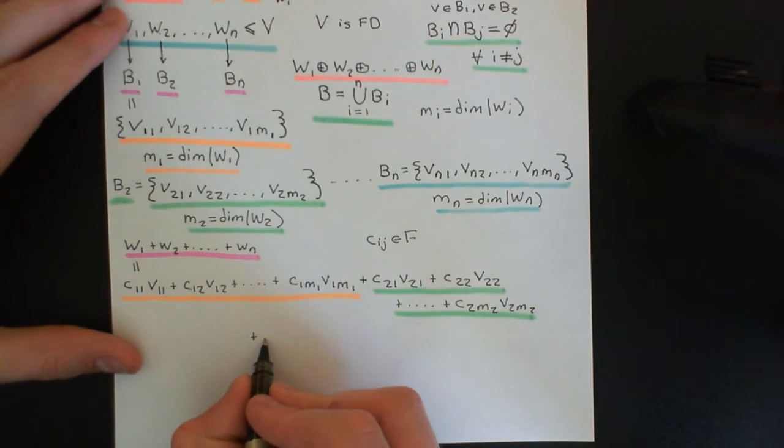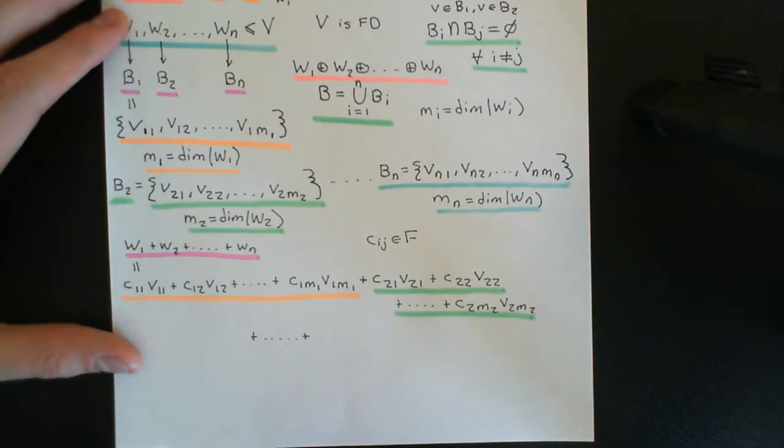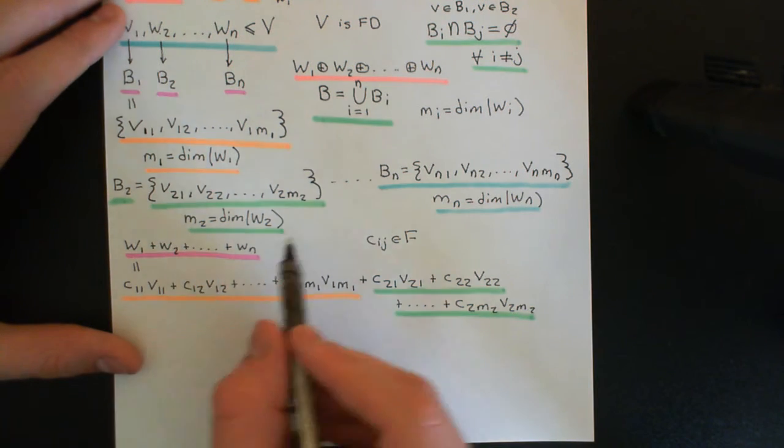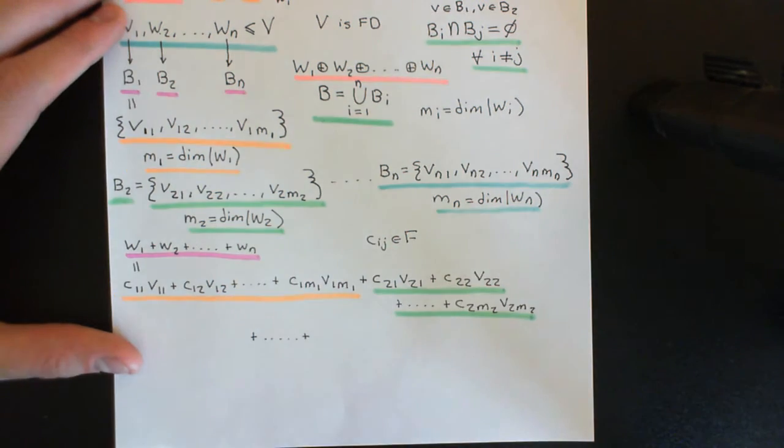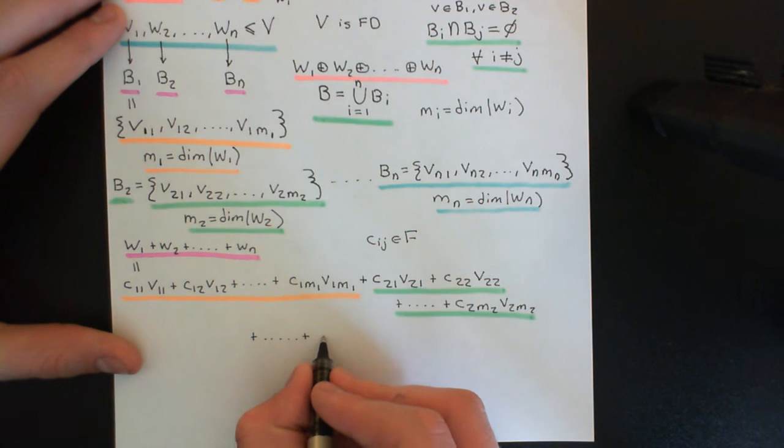So we'll go plus dot dot dot all the way up to wn here, and of course now wn is an element of capital Wn, so it can be written as a linear combination of these basis vectors in the set Bn, which is a basis of capital Wn. So we'll write it like so.